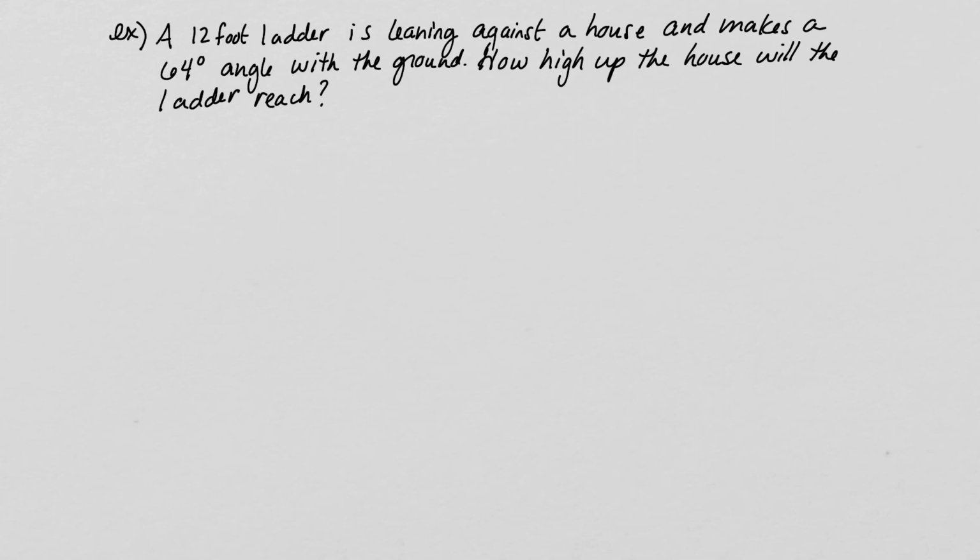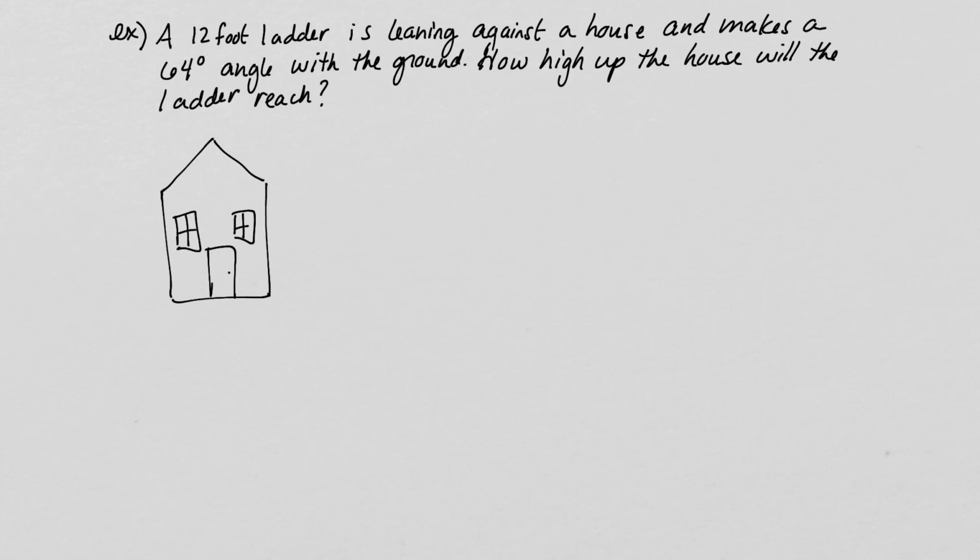Okay, so my general rule of thumb when we are talking about word problems is that when possible, draw a picture. So I'm going to draw a picture. So we have a house. Maybe our house has a door and a couple windows, right?